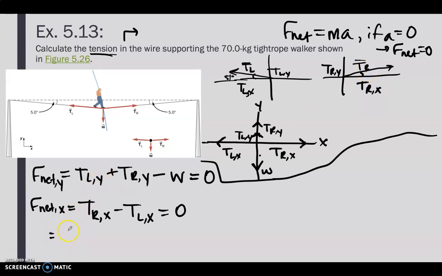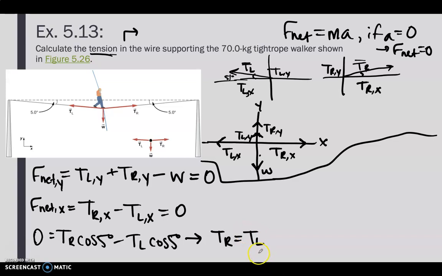So we have TR cosine of 5 degrees minus, same thing over here, TL times cosine of 5 degrees. Okay, again, that equals 0. So now we can say that T sub R is equal to T sub L.